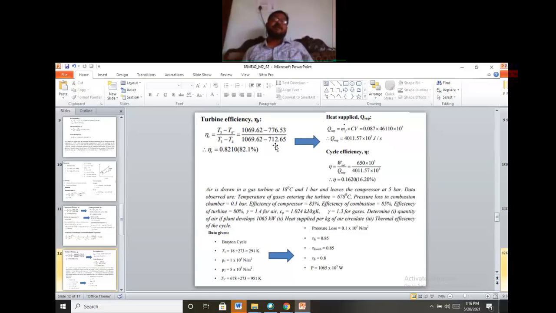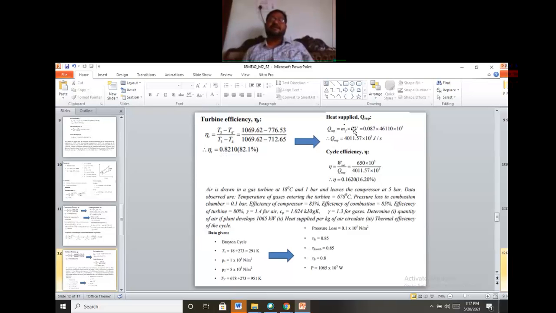Turbine efficiency is also T3 minus T4 dash divided by T3 minus T4. If you substitute all the things, you'll get T3, T4 dash and T4. You'll get all the things. You'll get the efficiency of the turbine as 0.82.